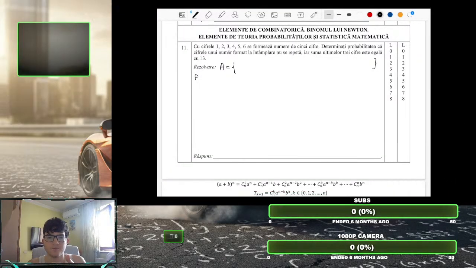And another probability exercise. We've got numbers from 1 till 6, and with them actual 5-digit numbers being formed.